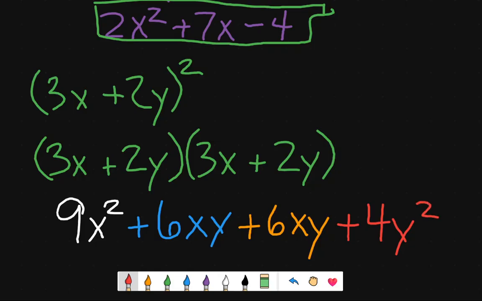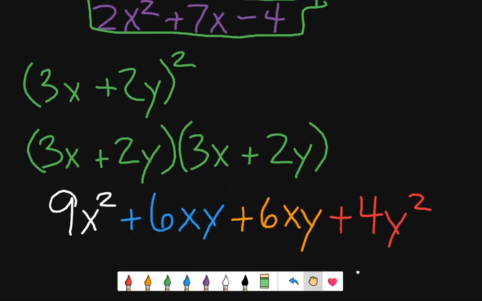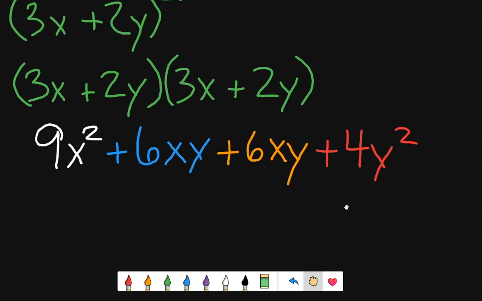Okay. Now, let's combine the terms that are alike here. What terms are like each other? Well, 9x squared doesn't have a term that is like it because y squared is not like 9x squared. So the two terms that are alike are the 6xy and the 6xy. Let's bring the 9x squared down. 9x squared. Now, 6xy plus 6xy, add them together. 6 plus 6 is 12.